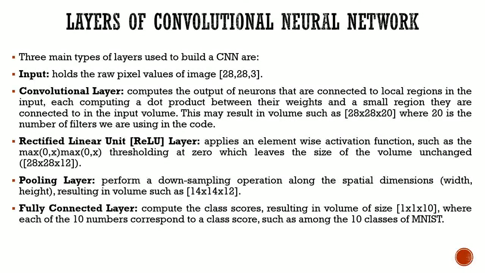And then is the convolutional layer, which computes the output of the neurons that are connected to local regions in the input, each computing a dot product between their weights and a small region they are connected to in the input volume. So this might result in a volume such as 28 cross 28 cross 20, where 20 is the number of filters.